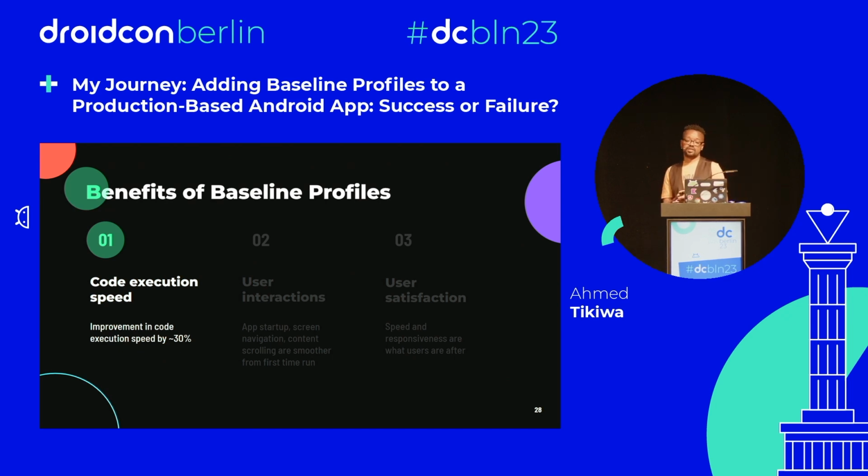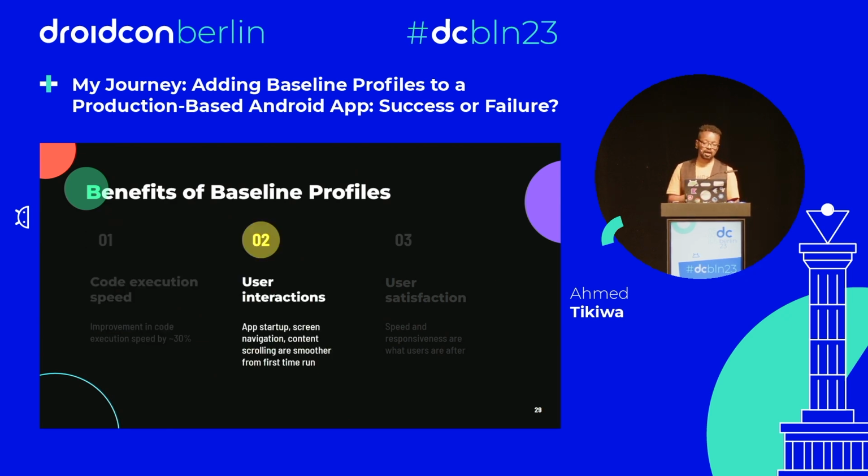The inverse of this is when a profile is not used, then just-in-time compilation is what is executed after being interpreted or compiled into what is called an ODEX file in the background. Then baseline profiles can help improve startup, screen navigation, and content scrolling from the first time the app is run.